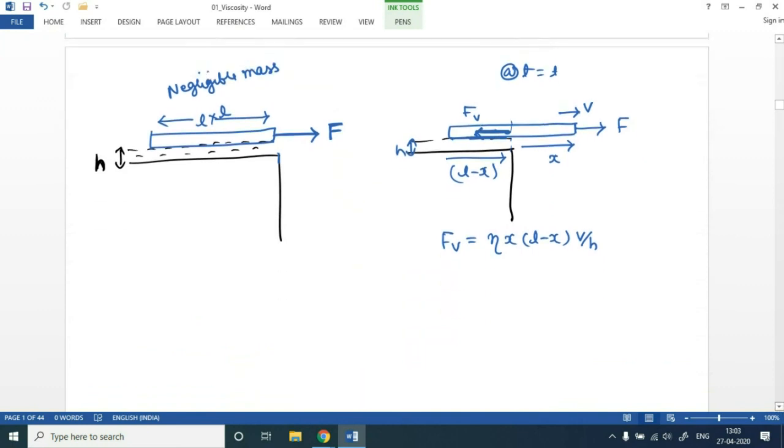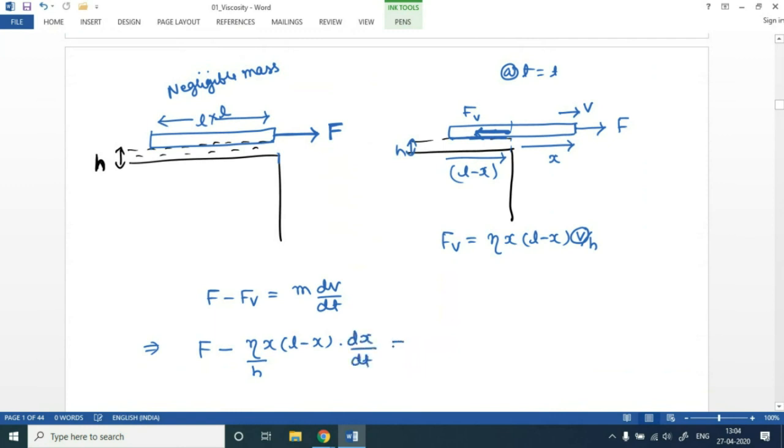When we write the equation of force, that is going to be F minus F viscous equal to m times dv by dt. The value of F is constant, and F viscous we have already calculated. That is nothing but eta x into (L minus x) by h, and this v is basically dx by dt.